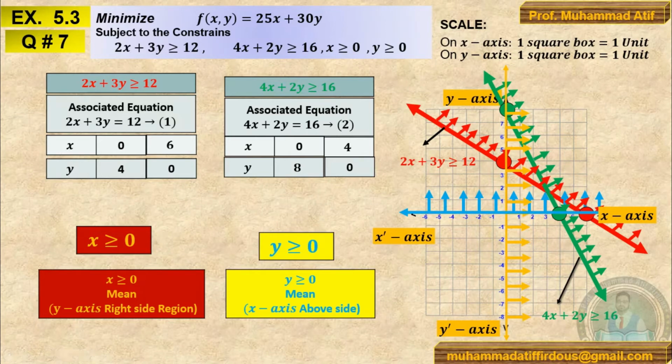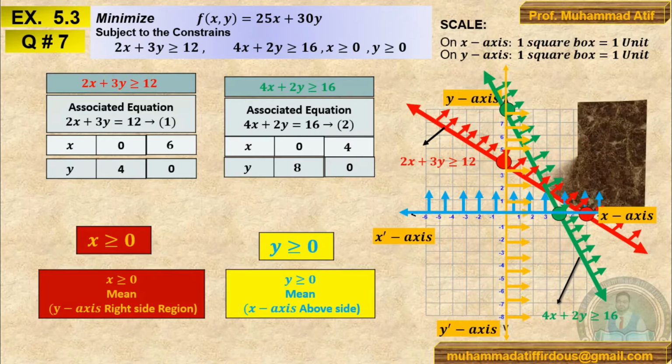Now you should shade the region which will represent the joint region. All the arrows should represent a direction, that is our required region. In order to find the optimal solution, the first step is to find the feasible region. The second step is to find corner points.